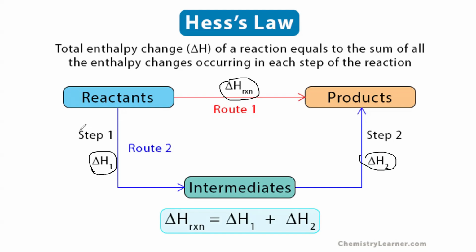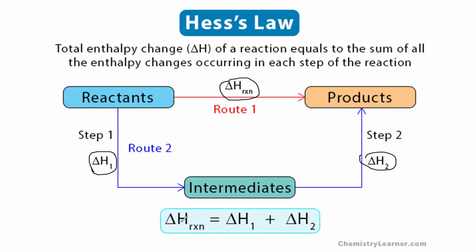Like for example, in step 1 you have enthalpy change 1, and in step 2 you also have an enthalpy change 2. So to get the enthalpy change of the reaction, it is always additive, always summative.